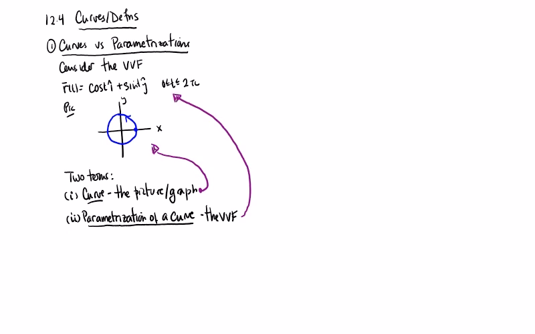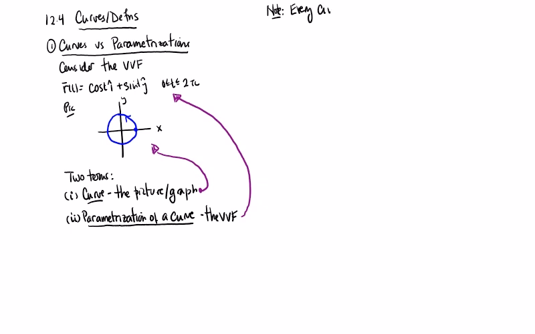So the point I want to make to begin with is just to make sure, well, two things. One is to make sure that we're clear on the difference between these, right? So when we say a parameterization or the parameterization, we're talking about the vector valued function. When we talk about the curve, we're talking about a picture, right? So the first and most important note I want to make here is any given curve generally has many parameterizations.